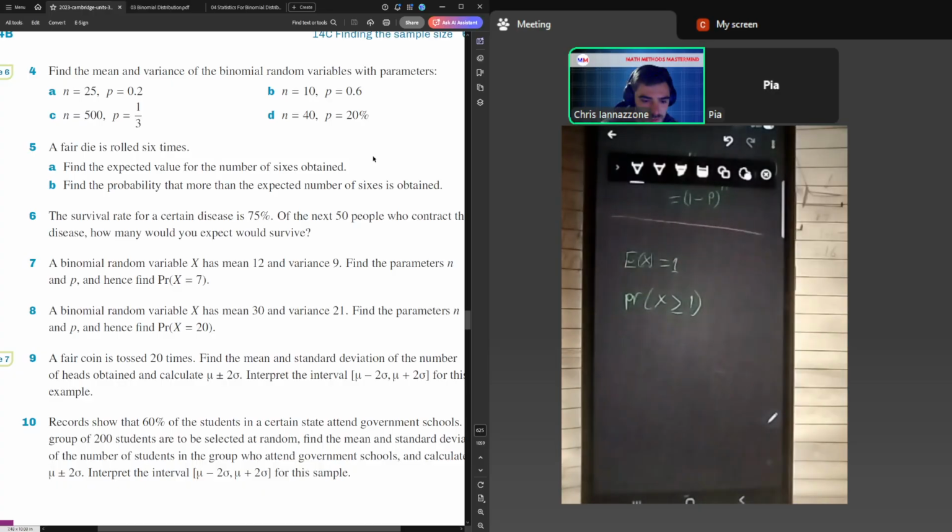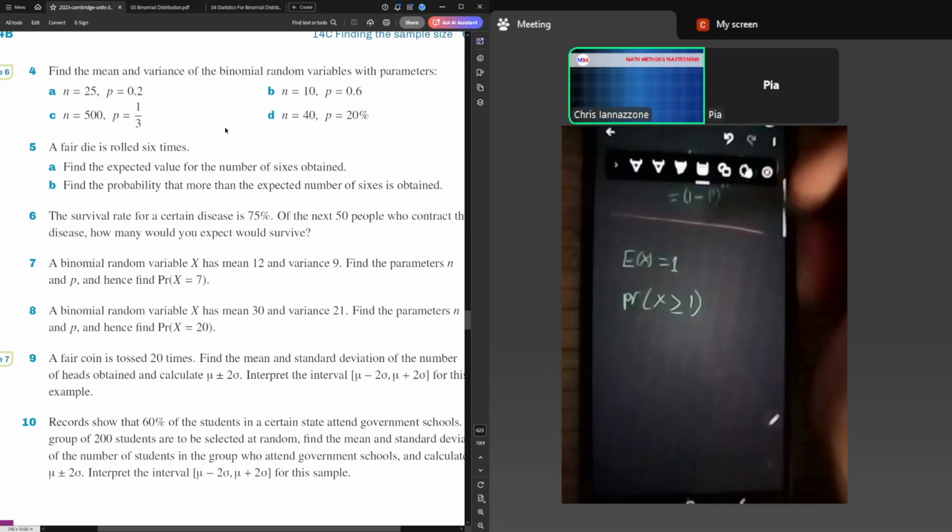Sounding good so far. Let me just double check. Or would it just be without the equal to, like just greater than? Yeah, I think just greater than. If it includes it, it'll say more than or equal to. Or it might say one or more number of 6s. Yeah, those are the ways.